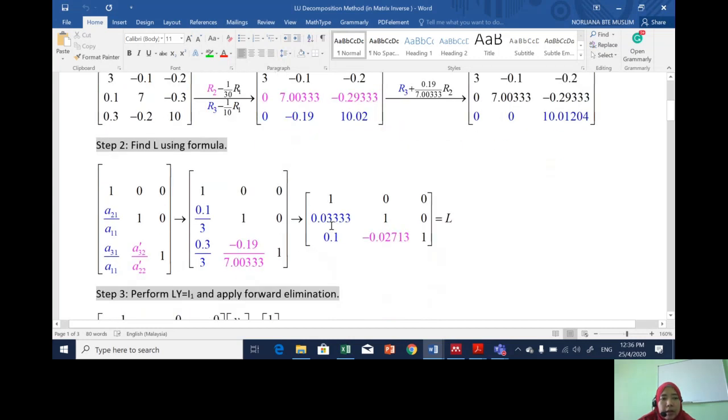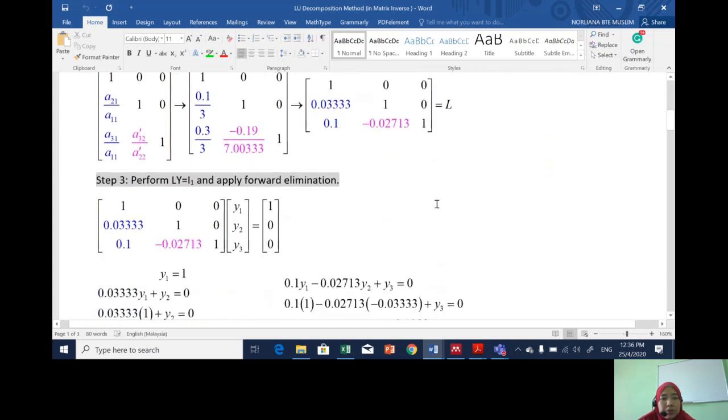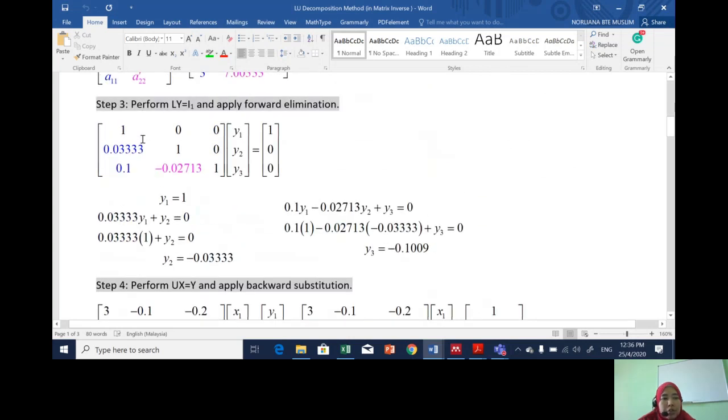Step 2, find the lower matrix. Step 3 is a bit different. In step 3, we perform Ly equals I1 and then apply forward elimination. L means lower, Y is our created matrix Y, and I1. So I'm going to explain I1 now.